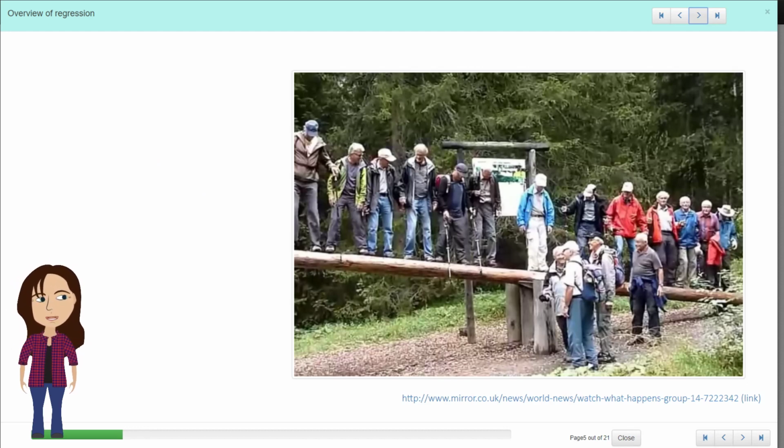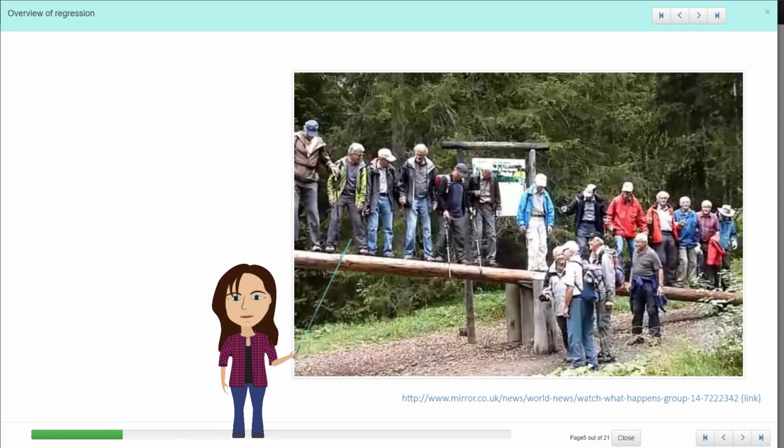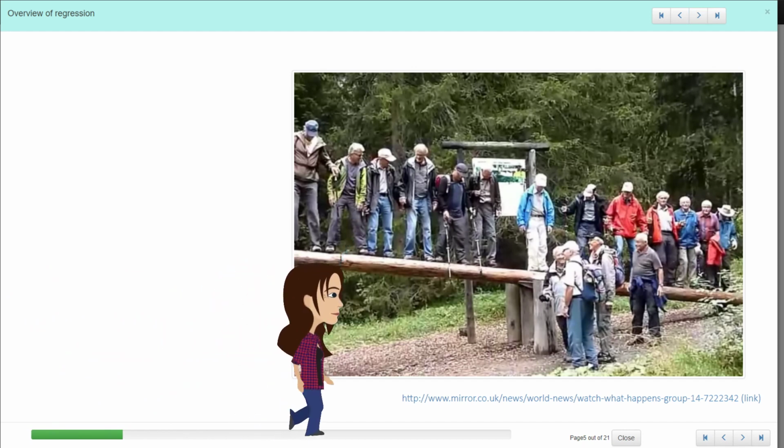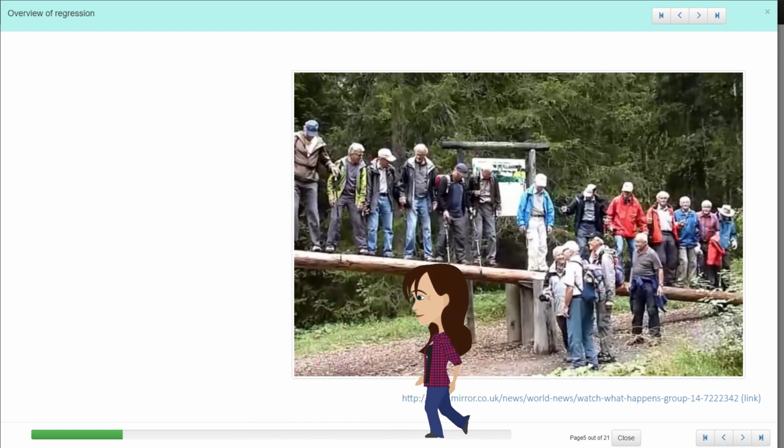If someone who was an outlier, let's say they were very heavy, was going to jump on this seesaw and they jumped up on the end here, that would send a lot of people flying. But if they jumped on the middle over near this guy, oh no, sorry, this guy, then they would have very little effect at all. So when we're looking at outliers, we're looking to see whereabouts on the line they are hopping on, because that will make a difference as to how much pull they have on the line.